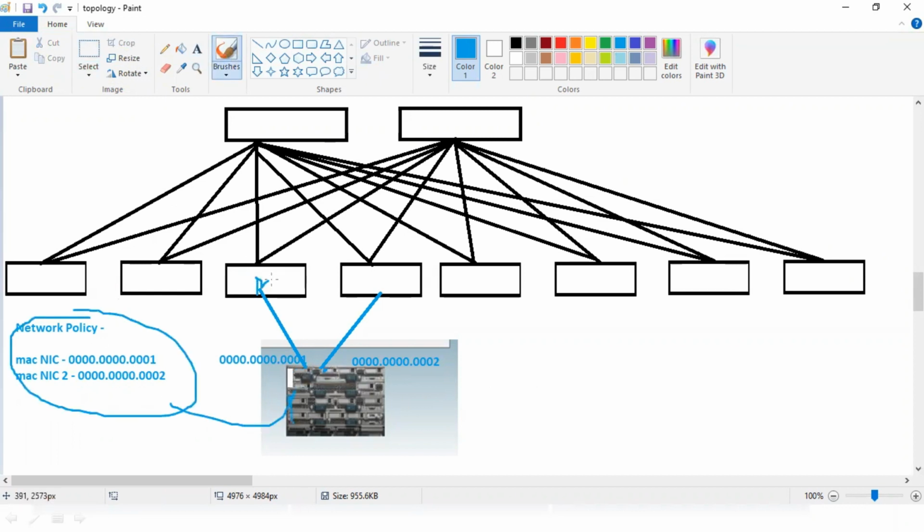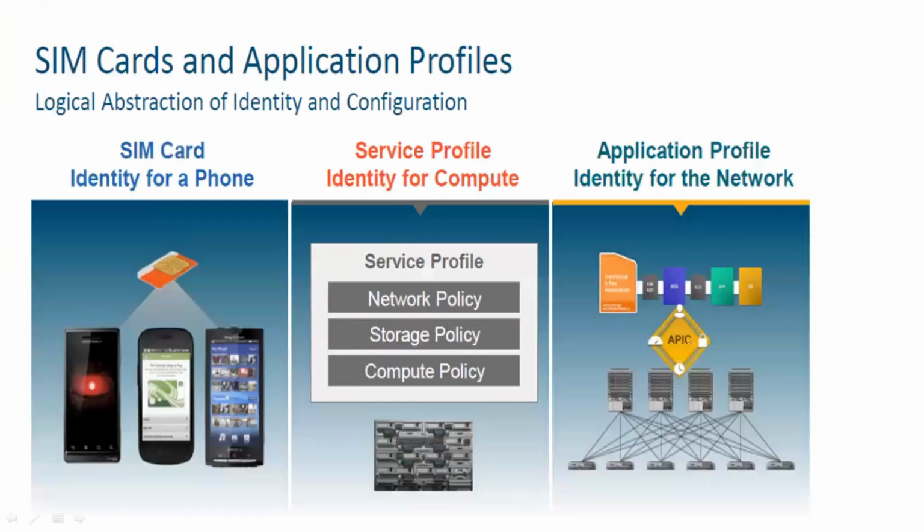Do I need to change the MAC ACL on this leaf? No. Do I need to change anything on this leaf? No. Why? Because the same MAC address will be assigned to this new server. The server does not have any identity, so I can put any server here. It's just like applying the network policy, storage policy, and compute policy on this server. Clear?